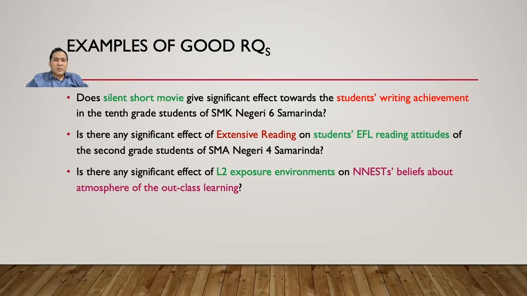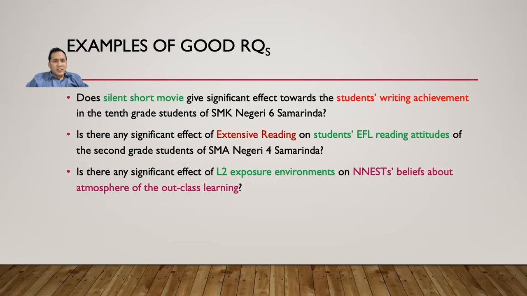The writing achievement is your second variable, and you also have the location, the locus of the question: the 10th grade students of SMK 6 Samarinda, for example. So look at the first question. It is a long question, a complete question, and it also includes variables.